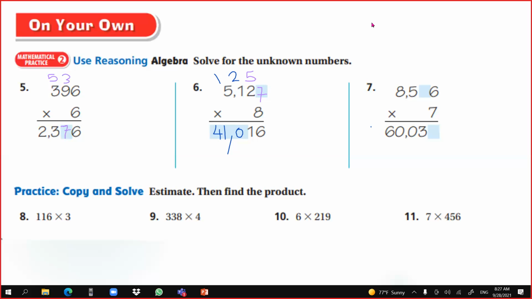Or shall I choose Hunada? Yes, Hunada. 7 times 6.